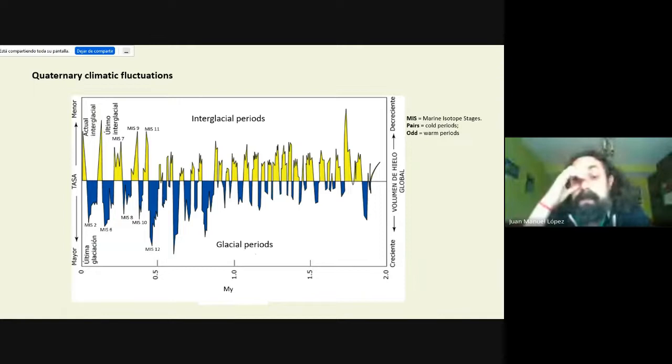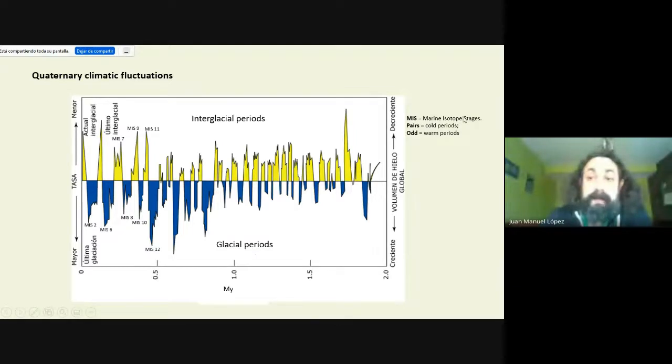Okay, this is only a summarized example of the climate of the Quaternary fluctuations from 2.0 million years to 0, more or less. In blue, the glacial periods; in yellow, interglacial periods, with the different marine isotopic stages.